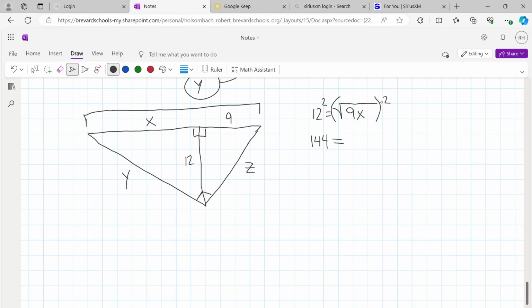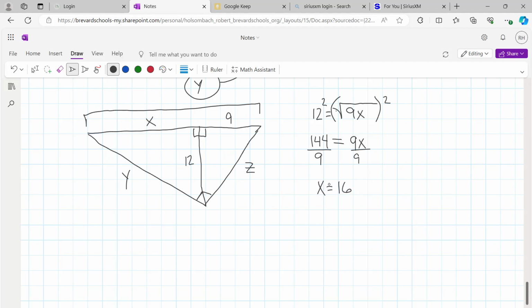All that technique does is it eliminates the radical. So the square root of 9x squared is 9x. And now you can divide both sides by 9. And 144 divided by 9 is 16. So our x is equal to 16.